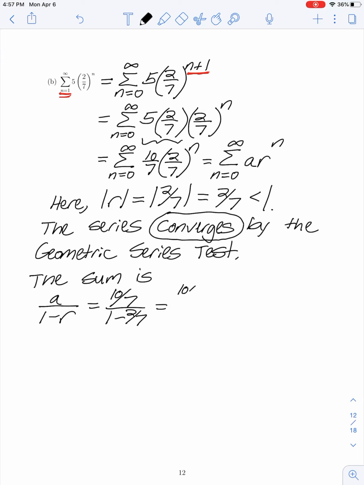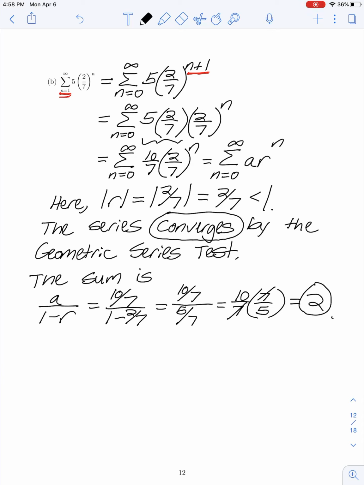So we're left with 10/7 over 1 minus 2/7, which would be 5/7. So we have 10/7 times the reciprocal of our denominator, which would be 7/5. So this leaves us with 10/5, or 2, for the sum of this series.